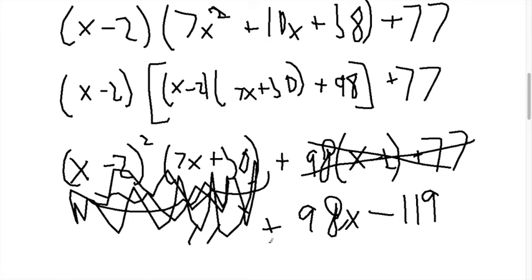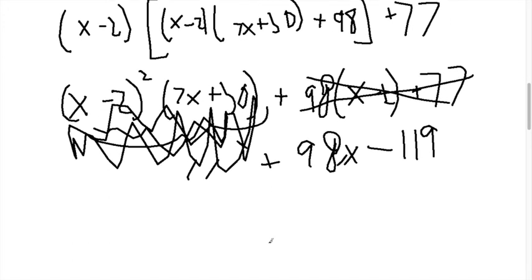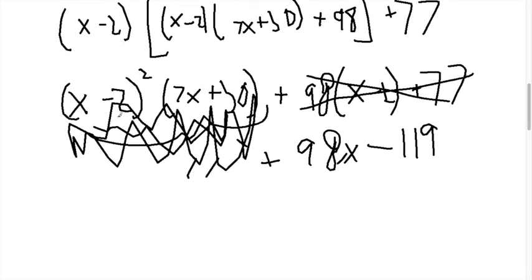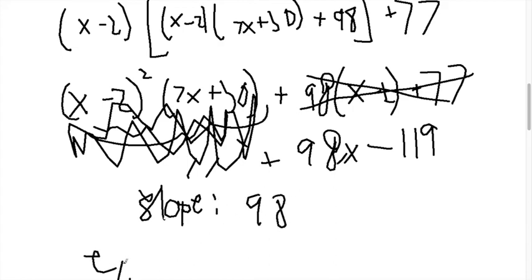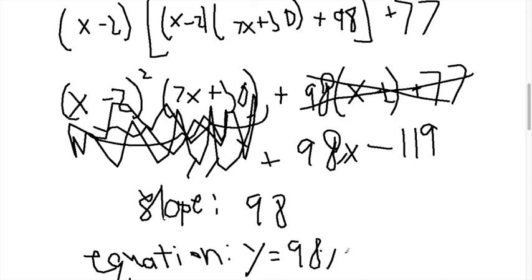And looking at it makes it very clear that the slope of the tangent line would be 98, and the equation would be y is equal to 98x minus 119.